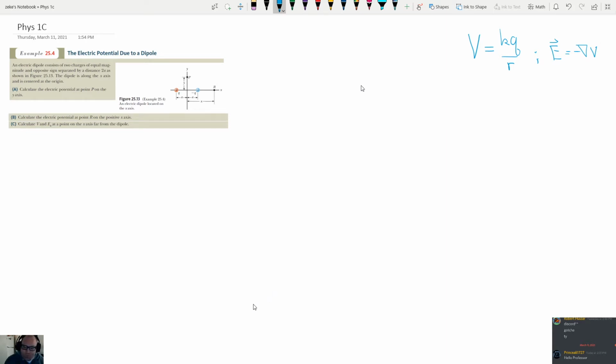Okay, so let's go through it. First of all, at point P. To find the electric potential at this location, what we care about is the distance between the charge and the point in both cases. Maybe I can make this picture a little bit bigger.